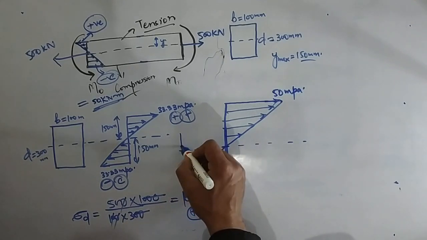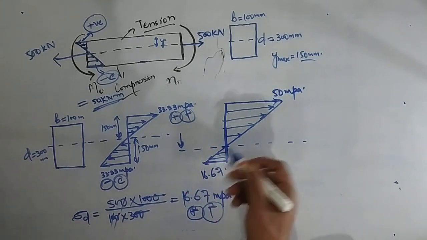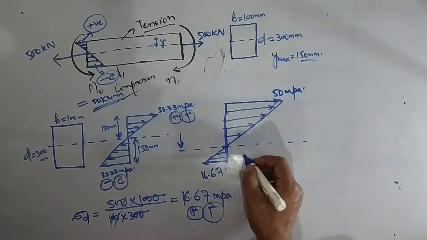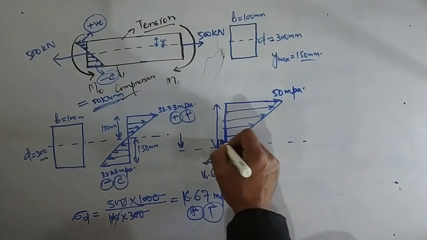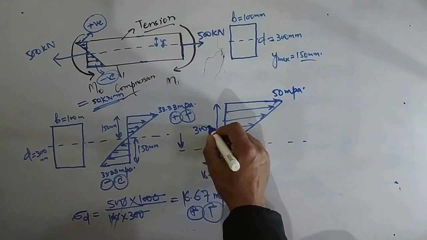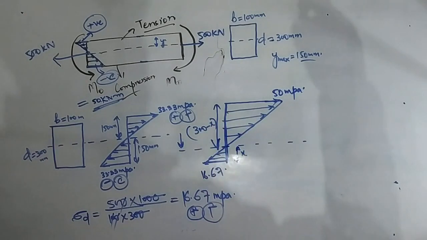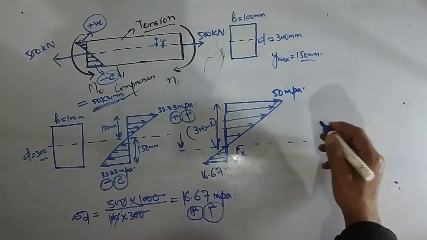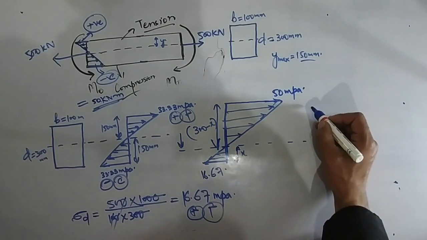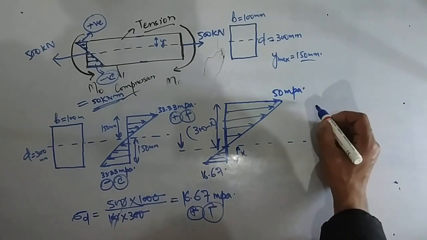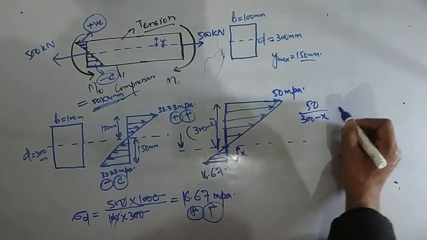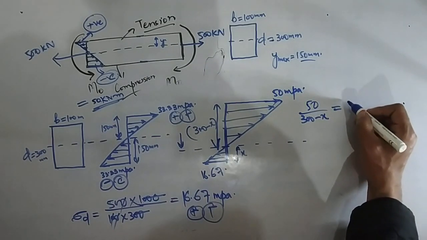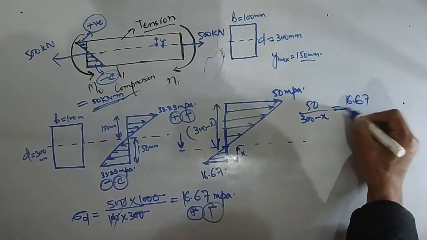It has shifted downwards. By how much? Let's calculate. Let this be x and this be 300 minus x. Using the similarity rule of triangles, we have 50 divided by 300 minus x equal to 16.67 divided by x.